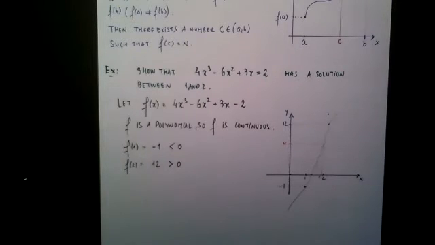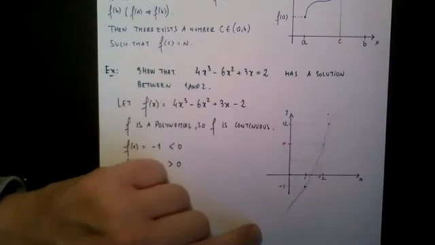Isn't a function something continuous that has, if you have an x value, a maximum of one y value? No, the function has to be continuous. If the function is not continuous, that doesn't work anymore.